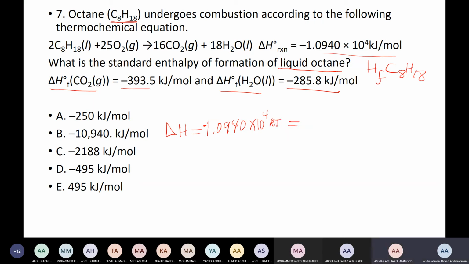We have delta H of the reaction equal to delta H of the product minus delta H of the reactant.